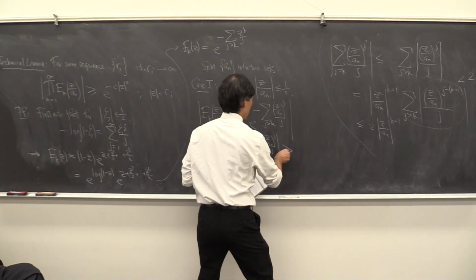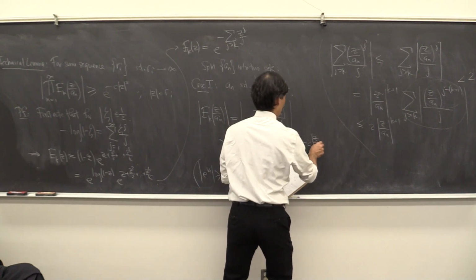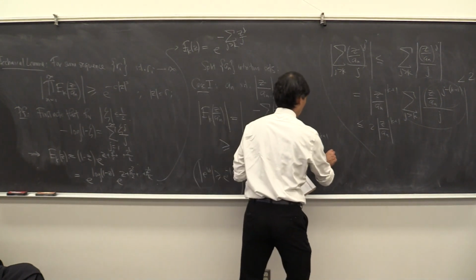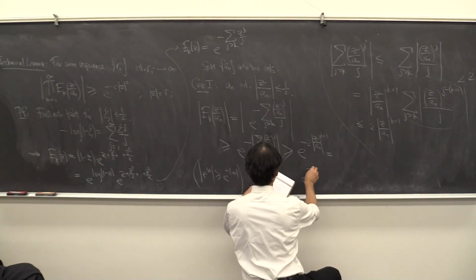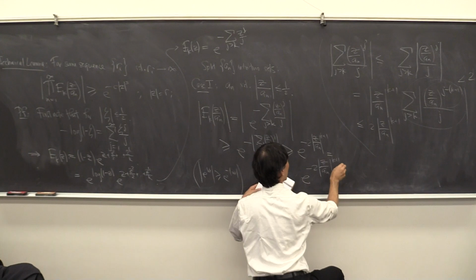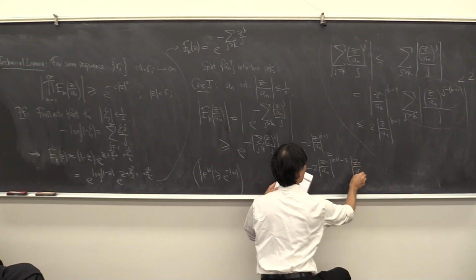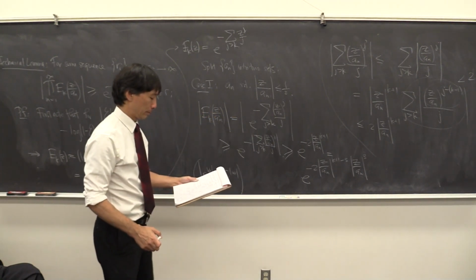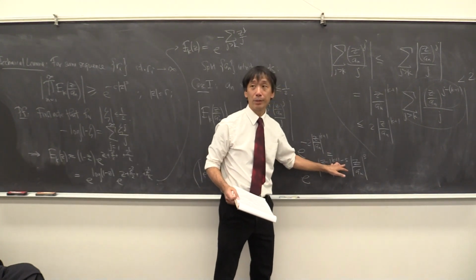Okay. And so we get that this is greater than or equal to e to the negative 2 z over a sub n to the k plus 1, which we'll rewrite as e to the negative 2 z over a sub n to the k plus 1 minus s, and then z over a sub n to the s. Okay, k plus 1 is bigger than s, right?